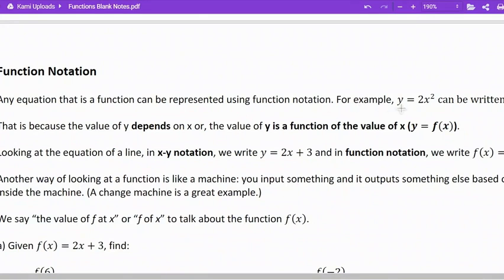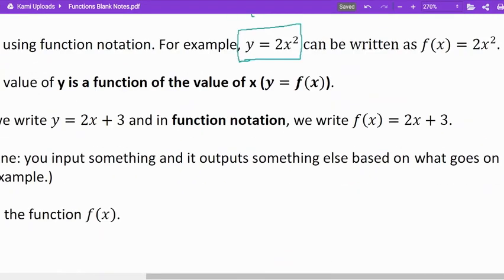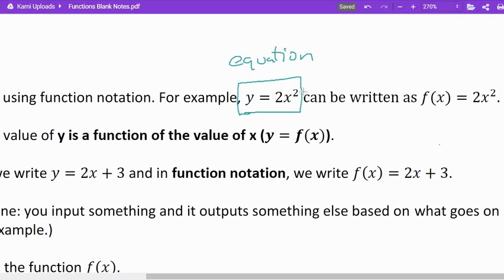For example, y equals 2x squared is an equation. Now, if we want to write that using function notation, instead of writing y, we write f bracket x. And the way that we say this part, we say f of x.